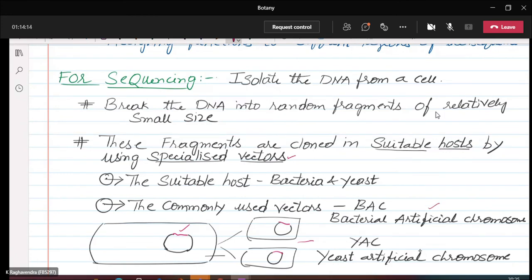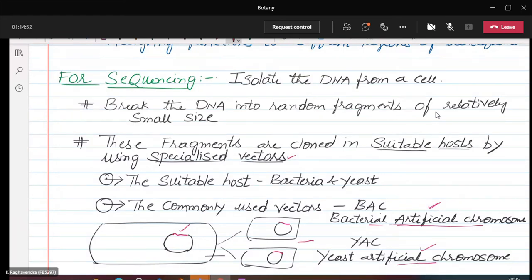Because we are inserting the artificial chromosome in bacteria, this is bacterial artificial chromosome. We are inserting this artificial chromosome in yeast, that's why this is yeast artificial chromosome. These vectors are inserted into the cell. Then the cell will replicate, and these fragments also will replicate. If you still have any doubt regarding this, you may ask.